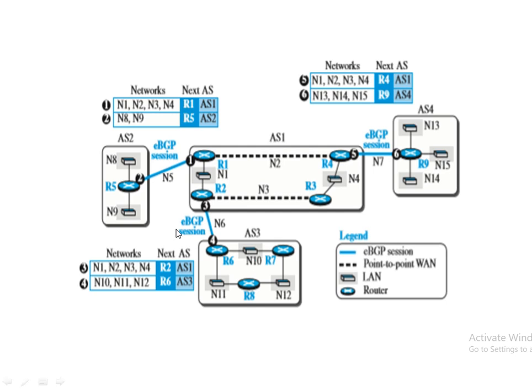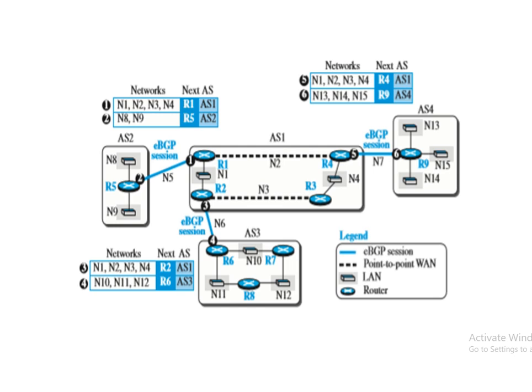So R5 doesn't know how to reach R9 or networks 13 and 14. Similarly, R6 will not know about R5 and R9, and R9 will not know about the networks of AS2 and AS3.